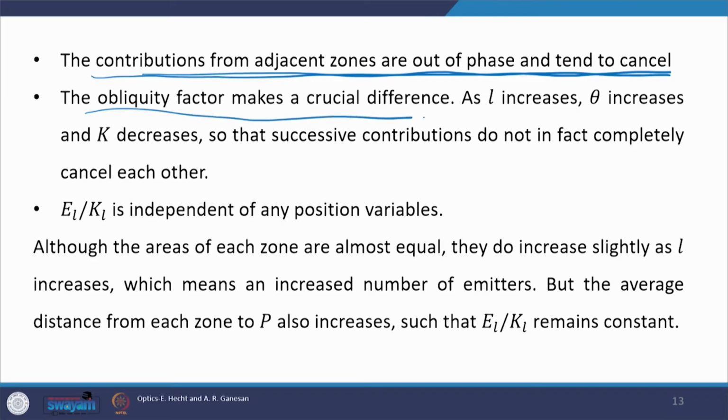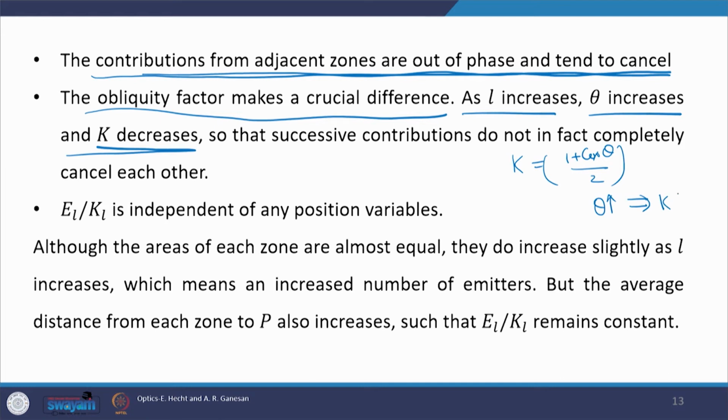Therefore, the obliquity factor makes a crucial difference: as L increases, theta increases and K decreases, because K is equal to (1 plus cos theta) by 2. Therefore, with increasing theta, K decreases. Therefore, the contribution from each zone, as you increase L, successively reduces.